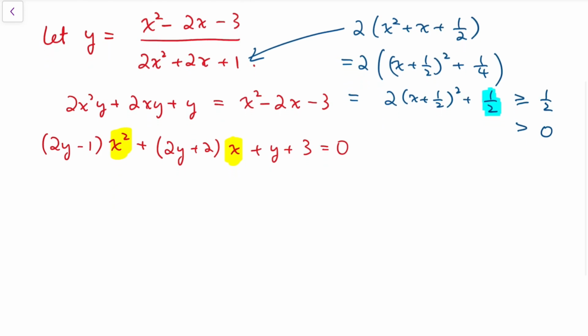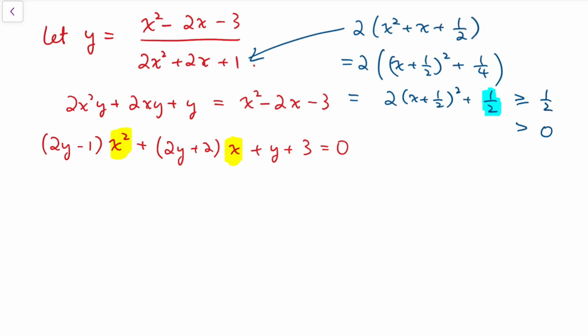The reason I do this is that from this we can say that all inputs of x give a valid output for y, because there is no value for which this rational function would be undefined. This function can only be undefined when the denominator is equal to 0, but that can never happen.